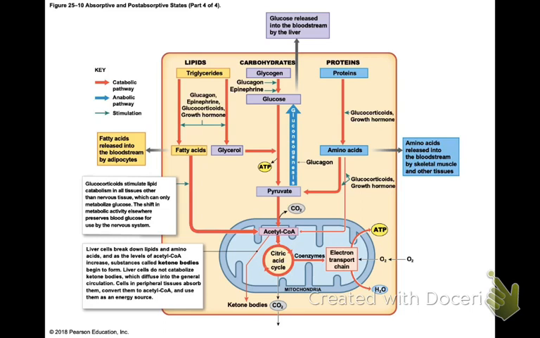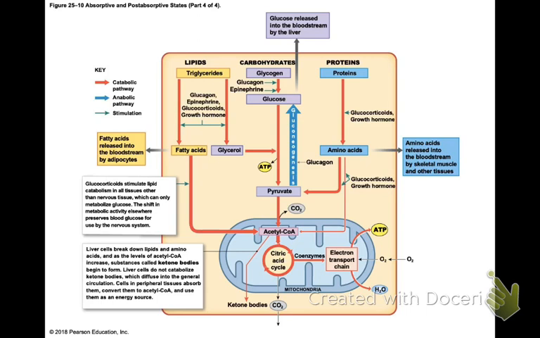Glucocorticoids are hormones of stress, as is epinephrine. All right, so that's kind of the overview. Glucagon is going to signal the liver, period. And the stress hormones can signal adipose reserves or skeletal muscle cells and make them break down in dire straits when you're stressed.